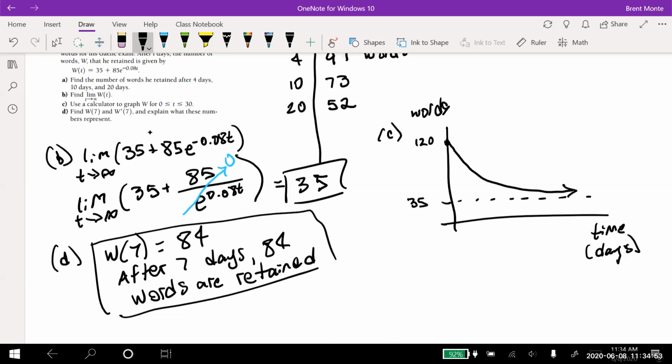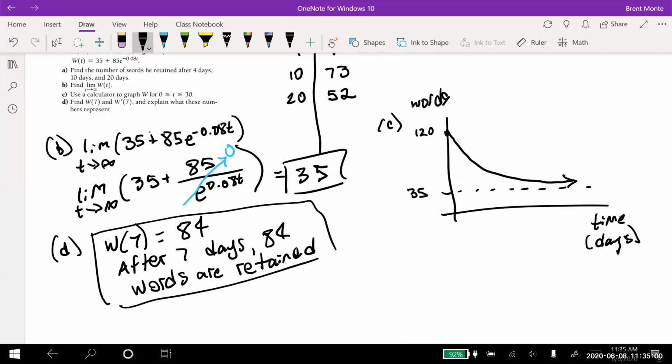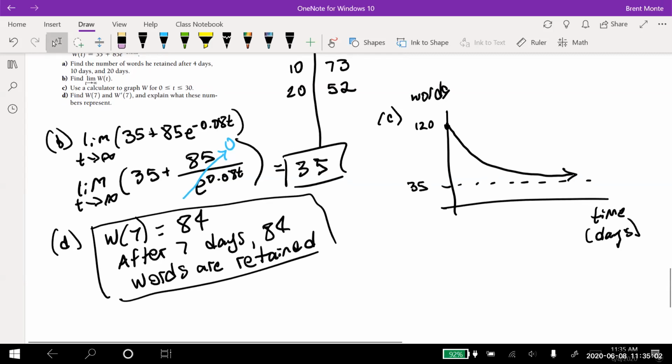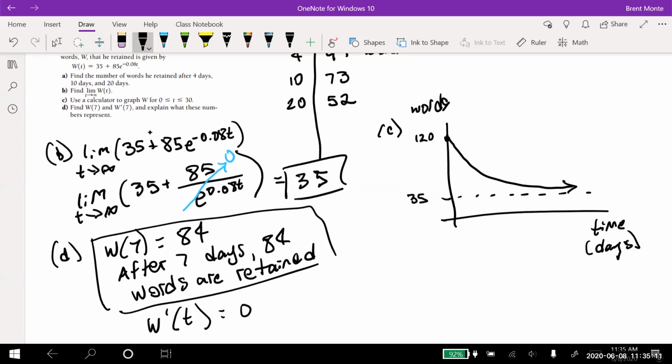Then it says, what's W prime of 7? So I can't move that up too much because we need to take the derivative. So let's see. W prime of t. Now notice the 35 goes to 0. The 85 e to the power all stays, e to the negative 0.08 t, but then times negative 0.08.